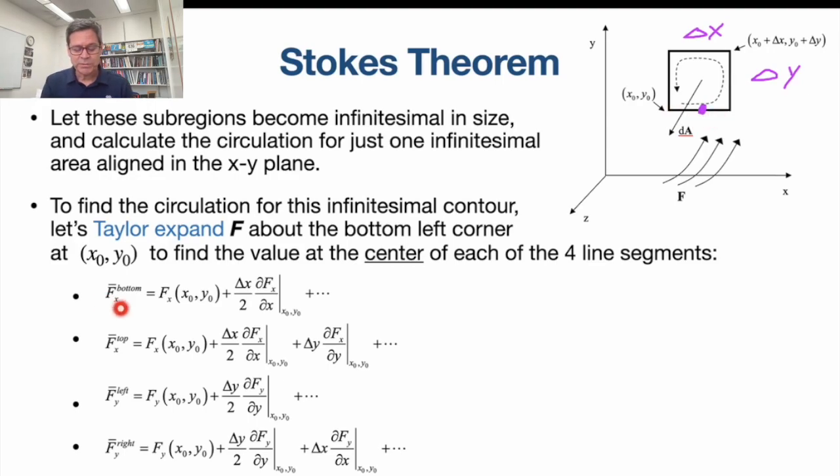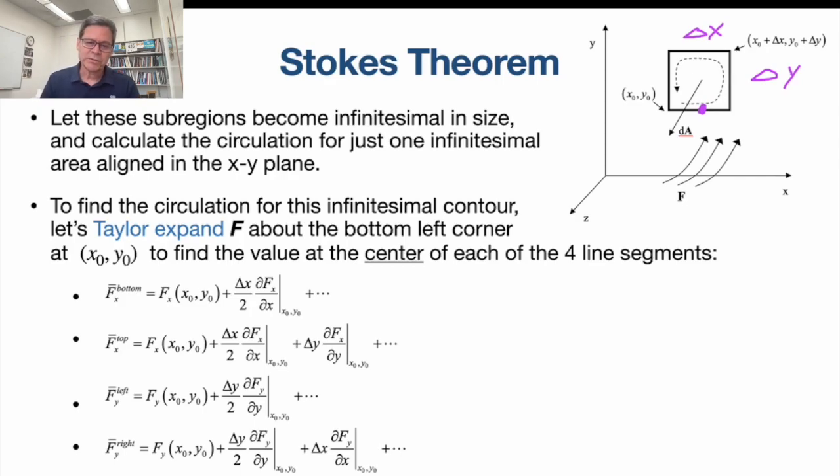Anyhow, so for the bottom side, the function is approximately equal to the function valued at this corner x naught, y naught, plus the derivative of F of x at that same place, the slope, times the amount you transport it by, which is delta x over 2. And that gives us an estimation, infinitesimal estimation, for the function F of x at the bottom side.